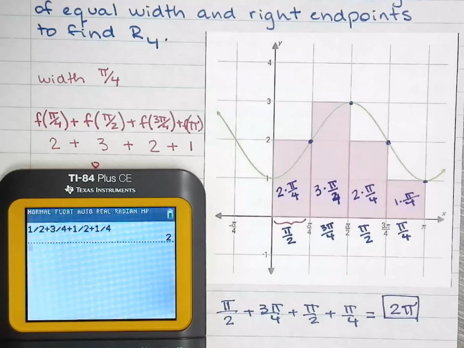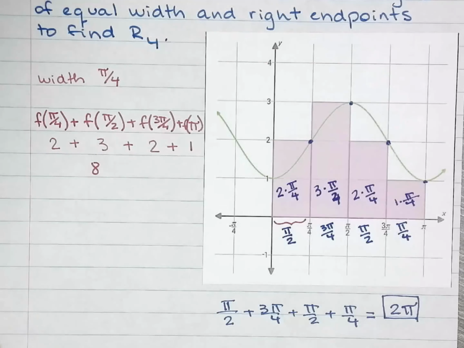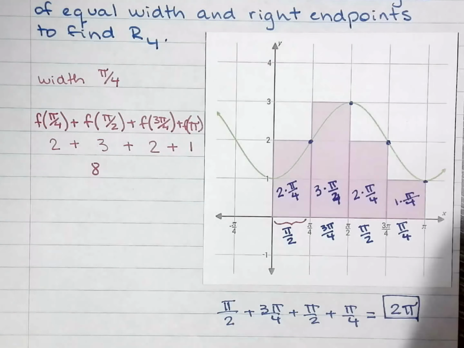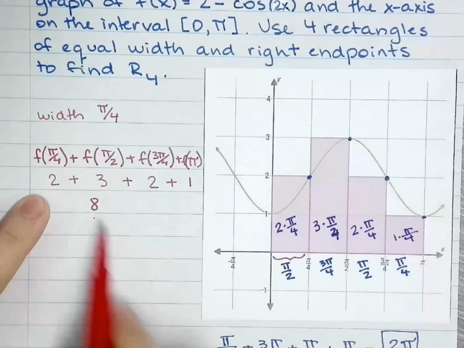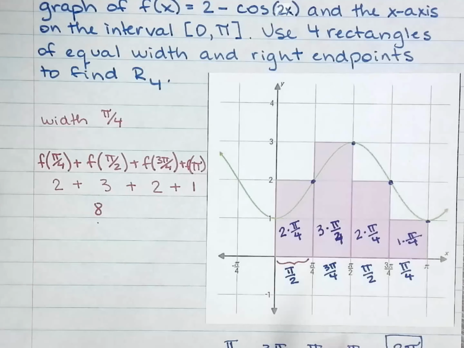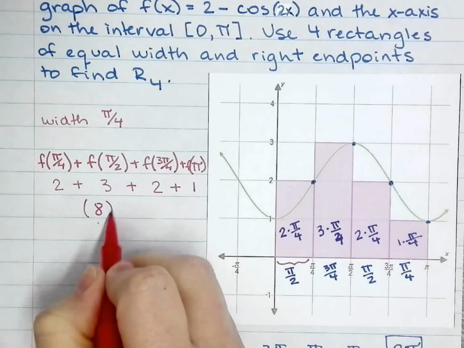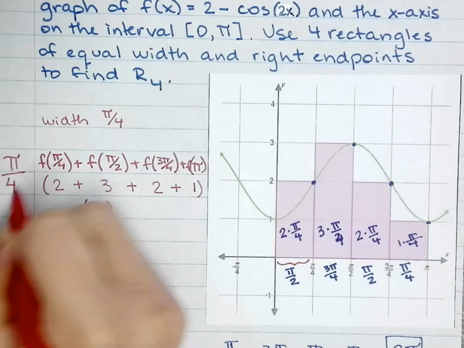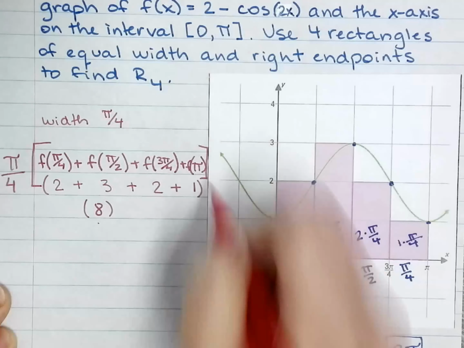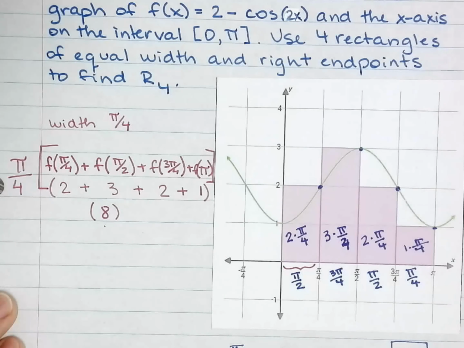And you're like, no, this is too much for my little brain. That's okay. So here's the other way. The other way, you can just put it in the calculator. So if you know each one of these areas is being multiplied by pi over 4, you can just do 8, or each one of these heights, multiplied by pi over 4, because that's the width.